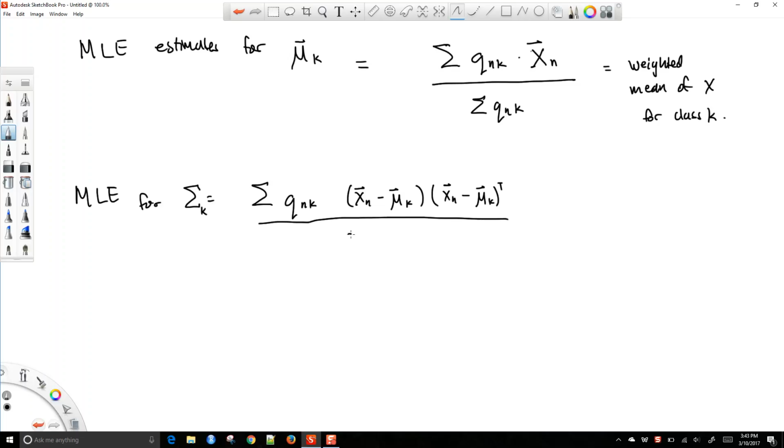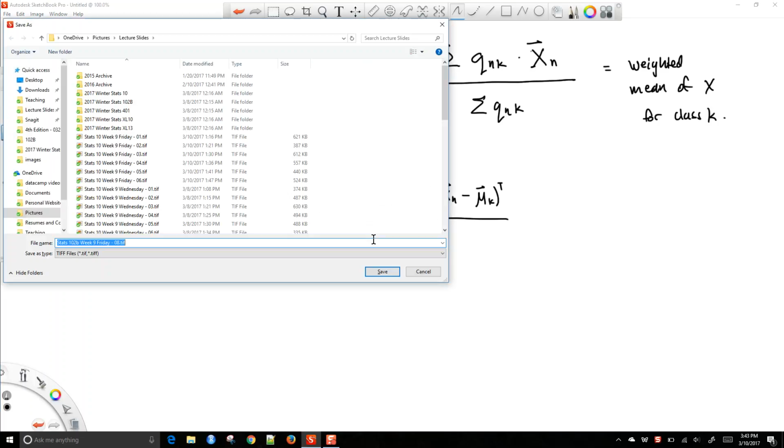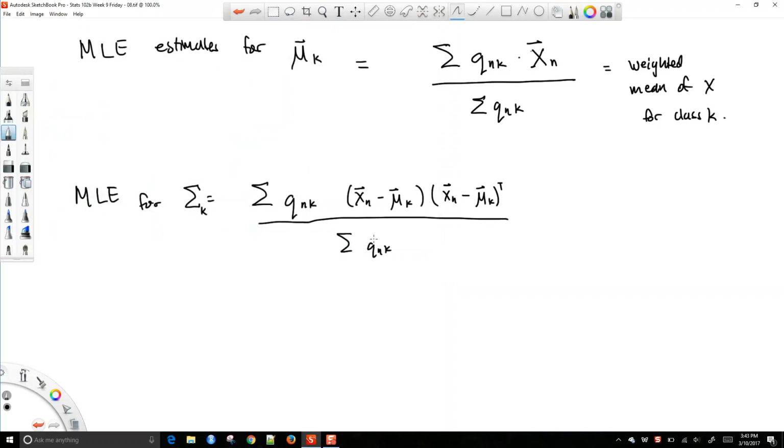And again, divided by the sum of q sub nk, the estimated number of points in that class. This is kind of like a weighted covariance matrix. We weight based on our Bayesian classifications.